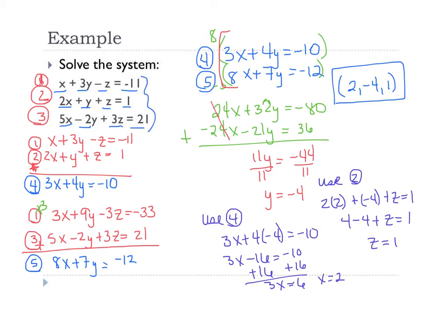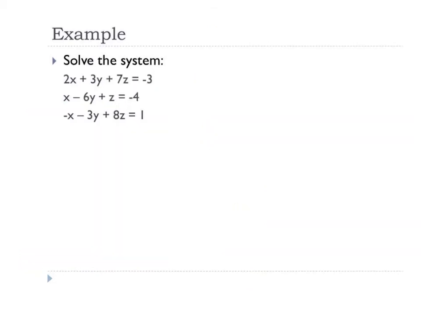It should work in all 3 of those. Okay, now that we've done one, the next ones hopefully will go a little bit quicker. First of all, I might suggest that you label your equations so you can follow them throughout the problem. I want to eliminate one variable, so let's eliminate x's. I'm going to use equations 2 and 3 and add those together.